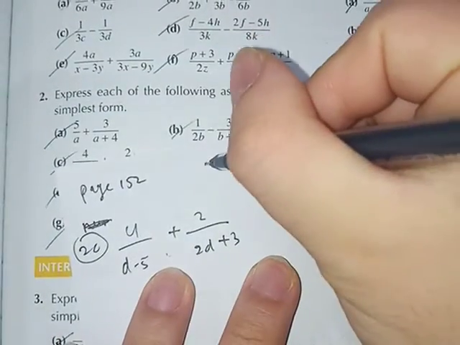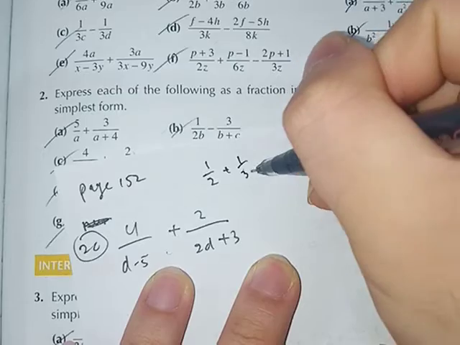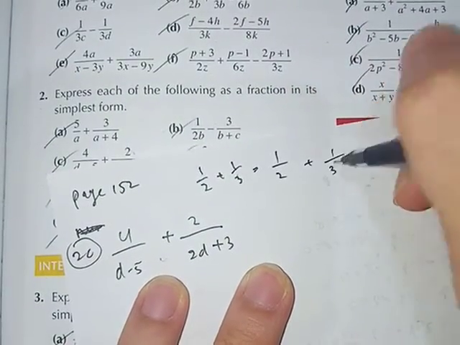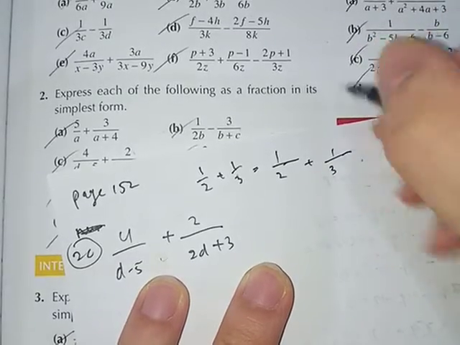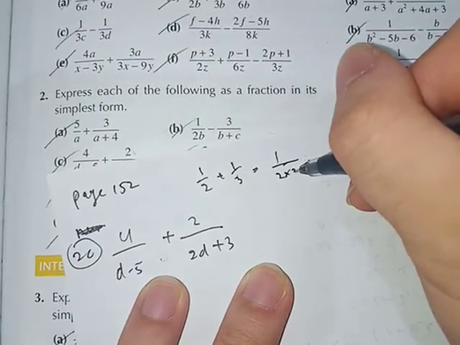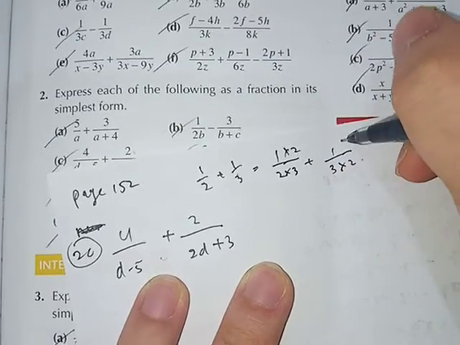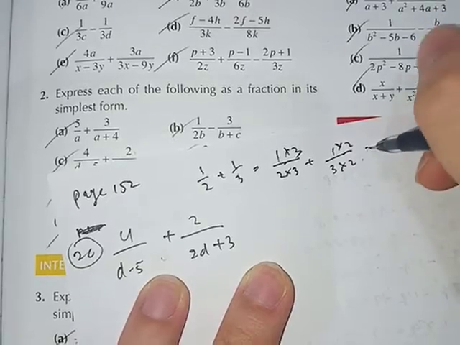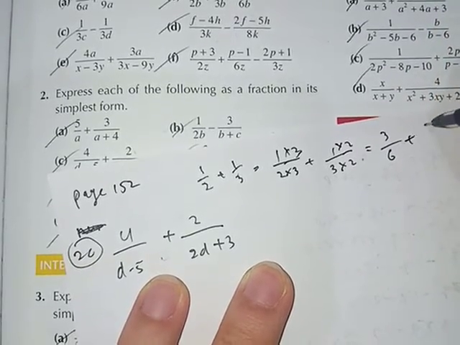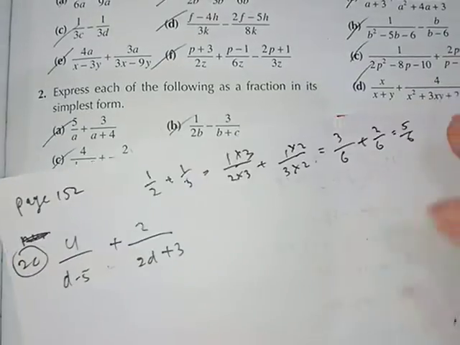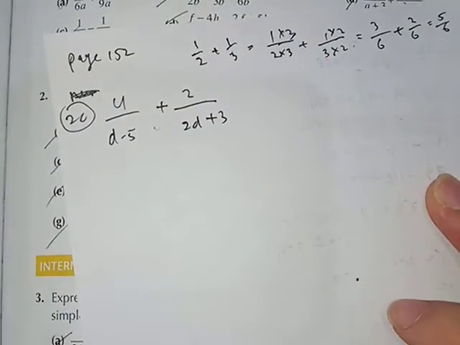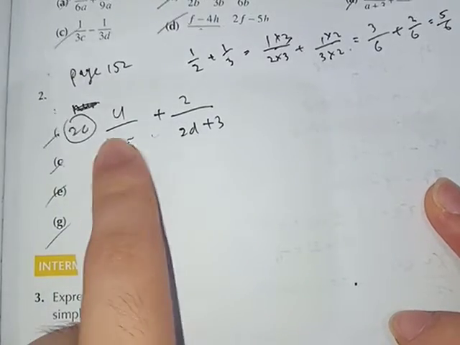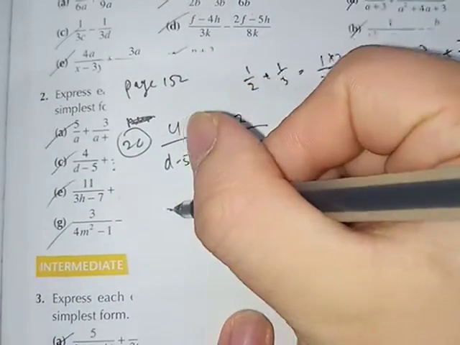So if you remember, if you want to add fractions like this, 1 over 2 plus 1 over 3, what will you do? You will always turn them into like fractions, right? Find the least common multiple of 2 and 3, which is 6, right? So you know that you need to times 3 here and times 2 here, so they will have the same common denominator. You do exactly the same thing here, except that this one contains a variable, but it doesn't matter.